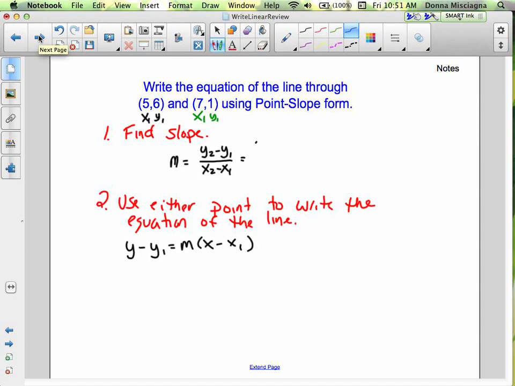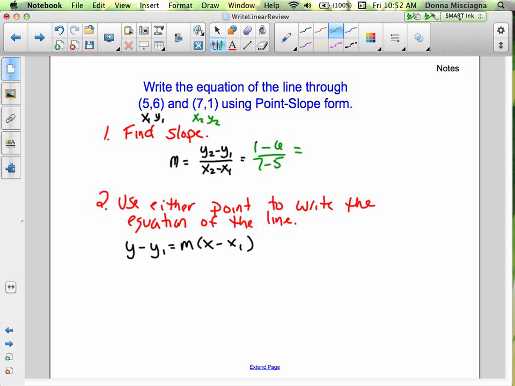It doesn't matter which is x1, y1, and which is x2, y2. I decided the first point is going to be the first, so we'll just make the other the second point. So we have 1 minus 6 divided by 7 minus 5.